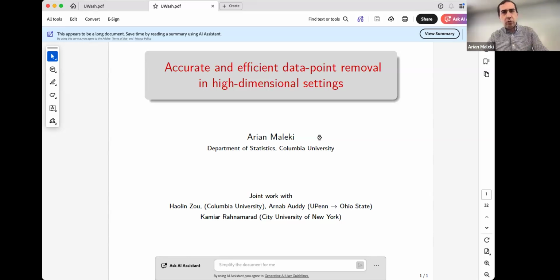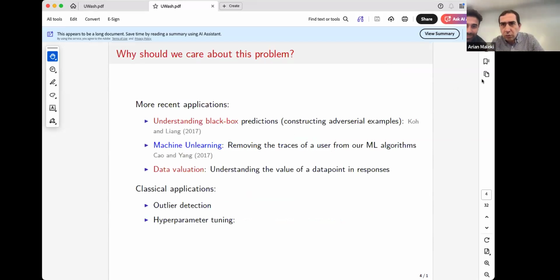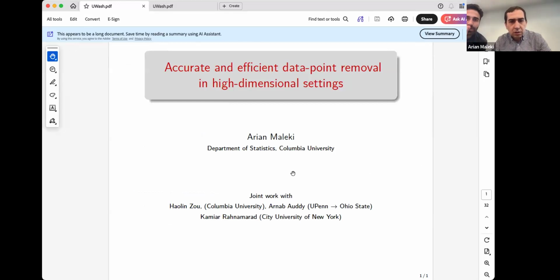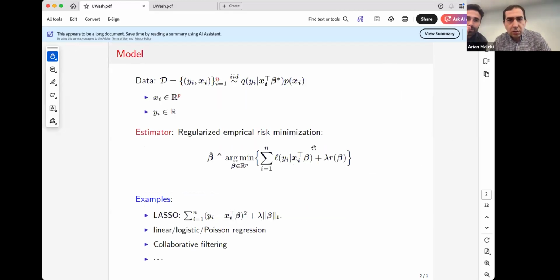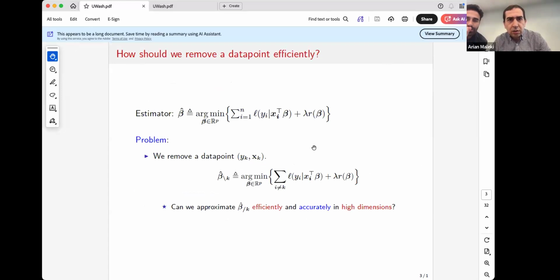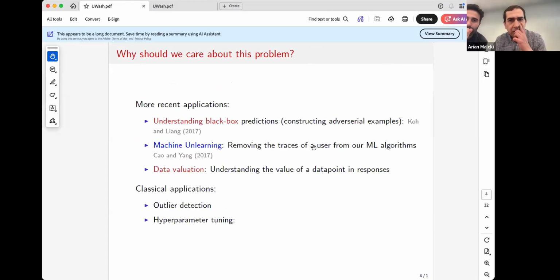I guess I have to go through. Let me see. I guess I have to expand this. Is the slide stuck on the first page? Okay, so we're here.